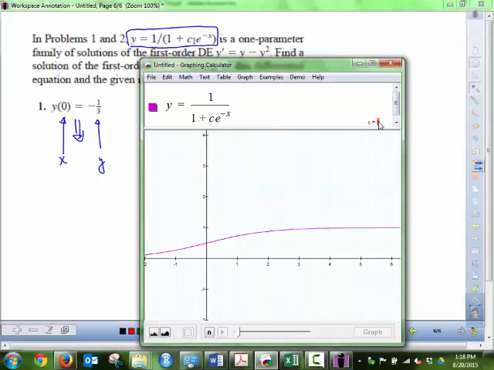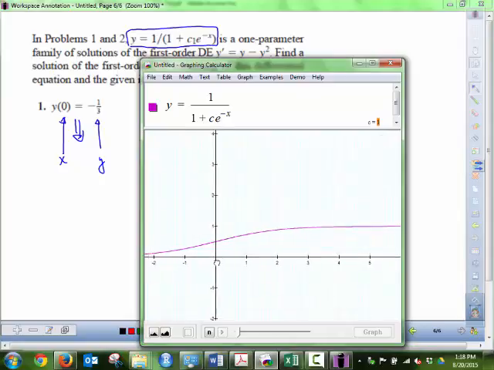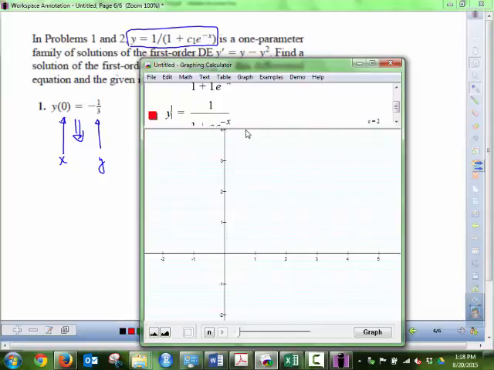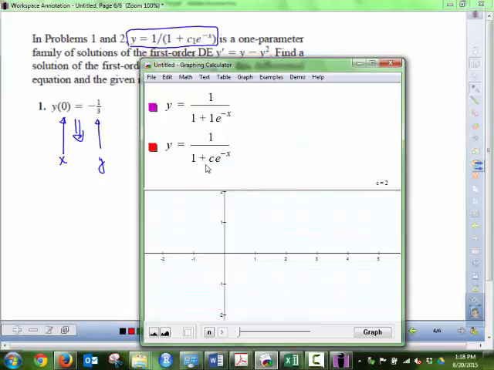C is equal to 1. What if C is equal to 2? It looks the same. Let's draw a bunch of them, make it look like a whole family.